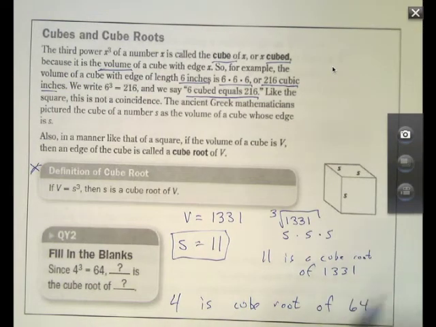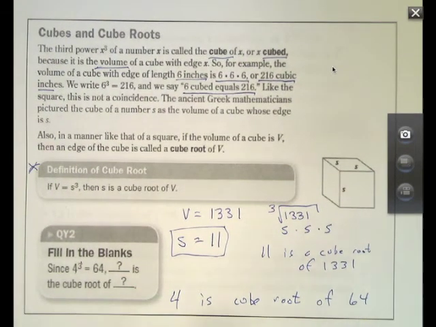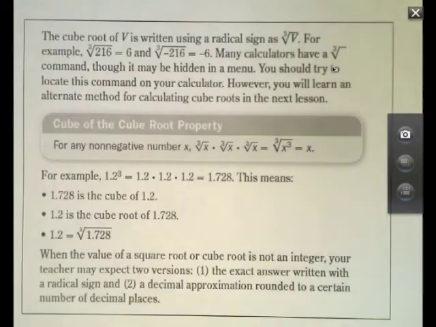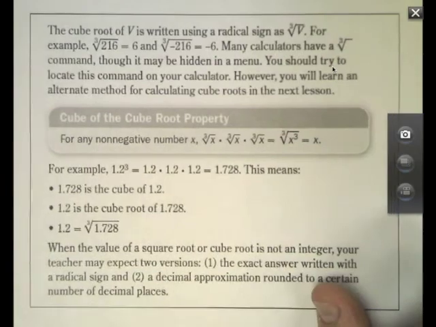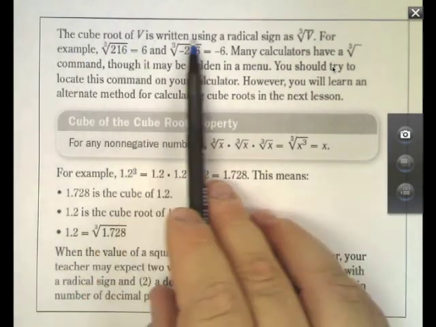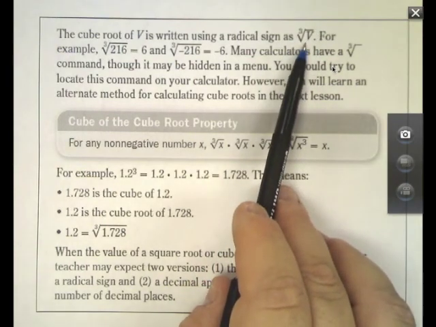Let's look at quiz yourself 2. Fill in the blanks. Since 4 cubed equals 64, we know 4 is the cube root of 64, because 4 times itself 3 times gives 64. If I took the cube root of 64, I'm going to get out 4.